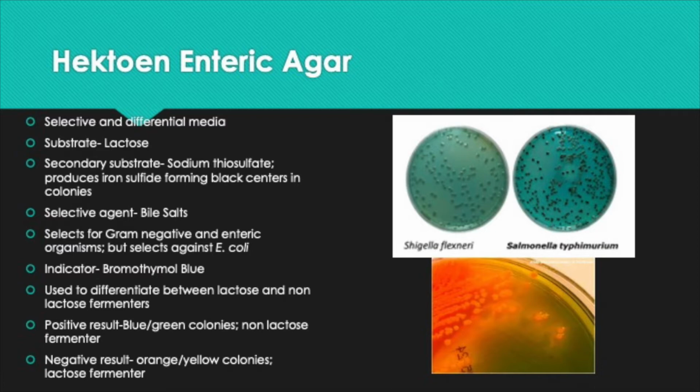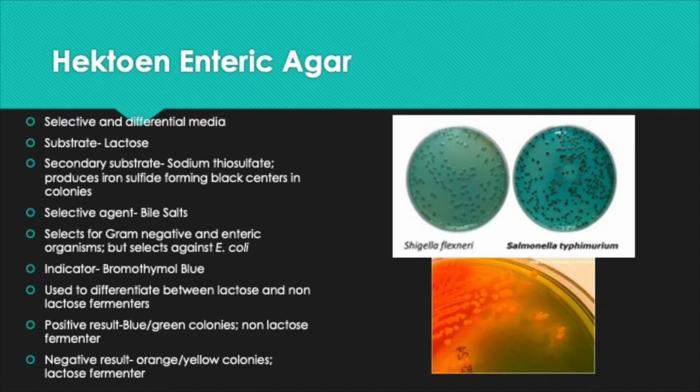So see, I told you it gets a little complicated. So we're selecting for gram-negatives except for E. coli, and our indicator is bromothymol blue. Now, this one looks a lot different than the other pH indicators that we've talked about because for MacConkey, EMB, and MSA, we were looking for fermenters.